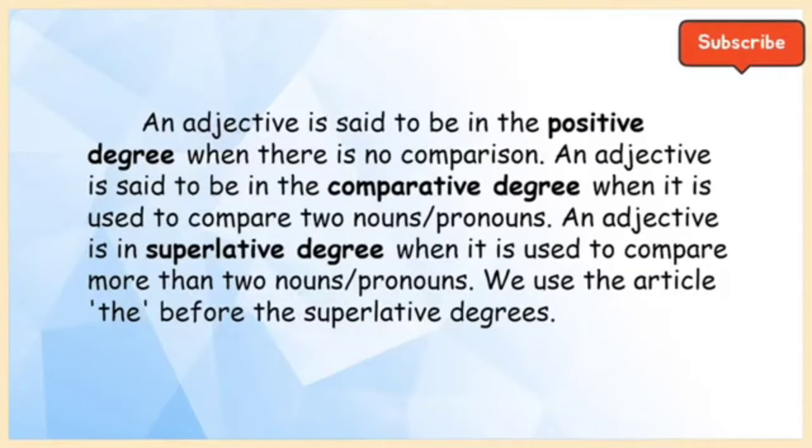An adjective is said to be in the comparative degree when it is used to compare two nouns or pronouns. An adjective is in the superlative degree when it is used to compare more than two nouns or pronouns. We use the article the before the superlative degrees. Let us study the examples.